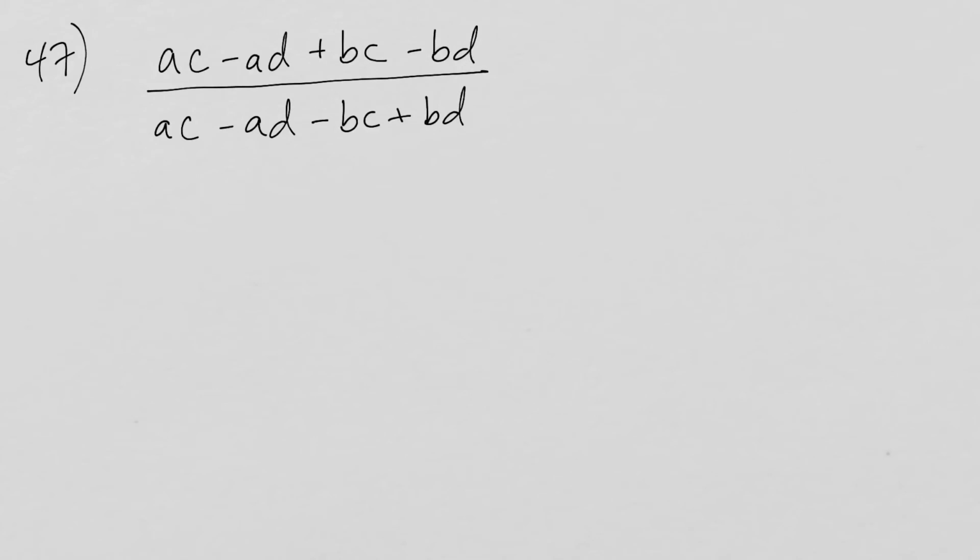Okay, in the numerator, I'm going to factor by grouping. I'll group these two together and pull out an A, so I'll have A times C minus D. Then I'll leave a big space and put C minus D again, and think about what I'd have to put in front so I multiply back to those.